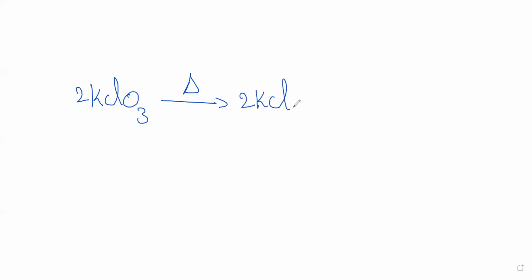The next one. Another reaction where it is completely converted to products. Another situation we can think of is KClO3. Again, if you heat this KClO3, you get KCl and oxygen.